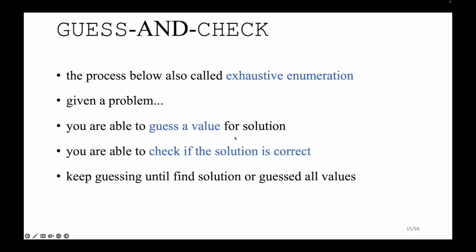Sometimes you want to find a solution for a problem, but you don't know how to find it. So the simplest way is to guess a number and then check it. If the answer is correct, you got the answer. But if the answer is not correct, you try to guess a new answer. Alright.